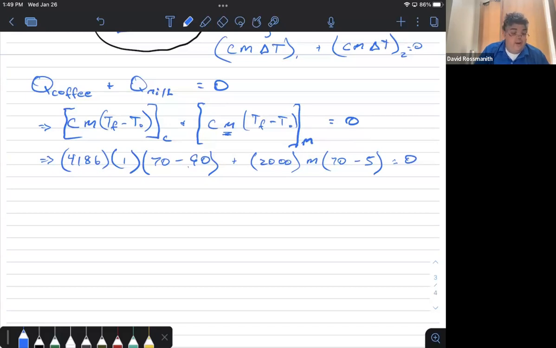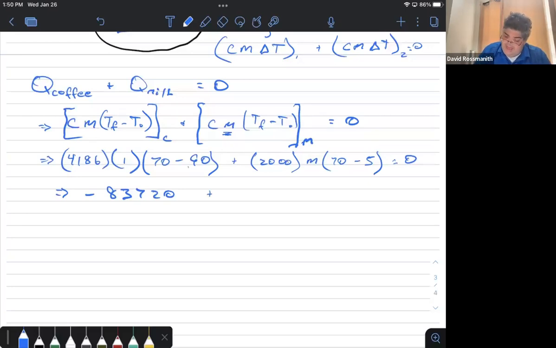So 4186 times negative 20 gives me minus 83,720. So all those numbers on the left equal this. And notice it's negative. Just like I said, the hot guy is going to lose energy, so his stuff is going to be negative. And now we look at the milk.